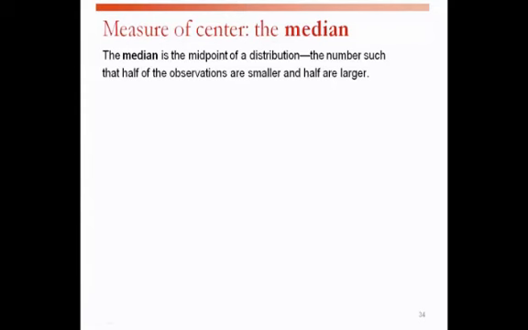So we now know that the mean is influenced by extreme values. Let's take a look at another measure called the median. What is the median? The median is the midpoint of the distribution. Regardless of what data you give me, the median is always the middle value when you arrange the numbers in either increasing or decreasing order.